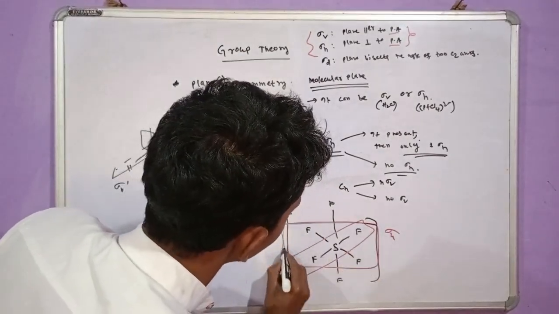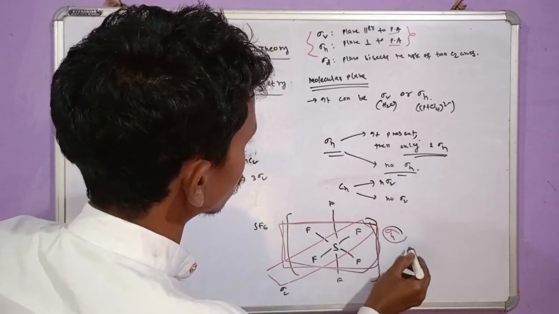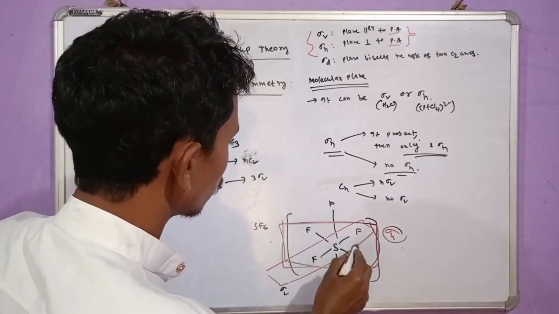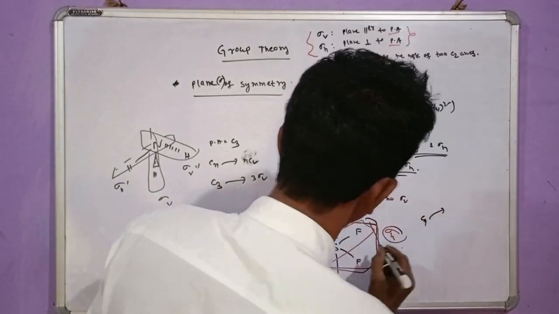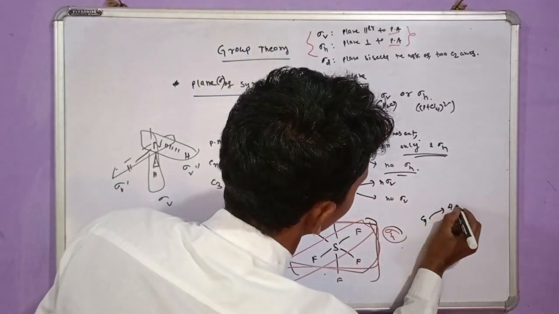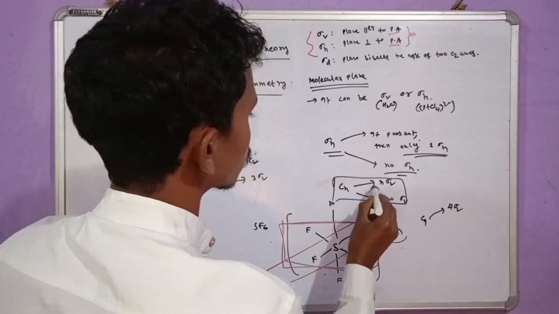Only this plane is sigma h, so there is only one sigma h. Sigma v: the principal axis here is C4, so how many sigma v will be present? Four sigma v, because there are n sigma v for a Cn axis.